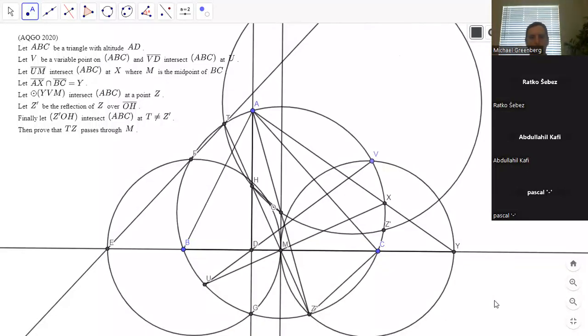Okay, so V would go to F. Interesting. We constructed T later in the problem. I don't know if it's really that helpful that those are collinear. I don't think the fact that these are collinear really helps much.